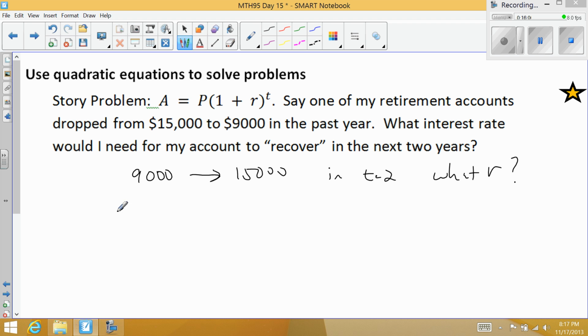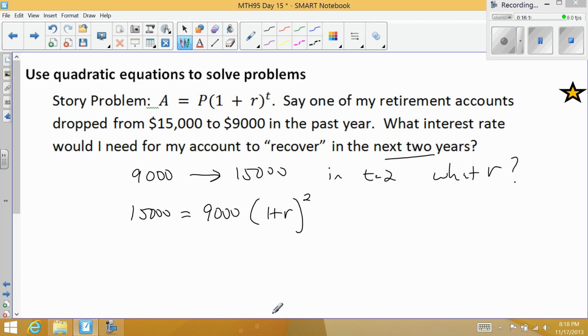So starting with my formula, the amount I want to end up with is $15,000. What I'm starting with is the $9,000 in my account. I'm looking for r, and because I want it to recover in the next 2 years, I'm going to have a 2 here.